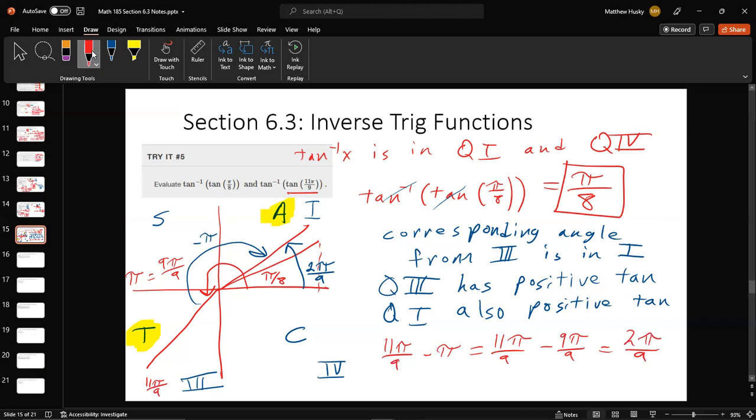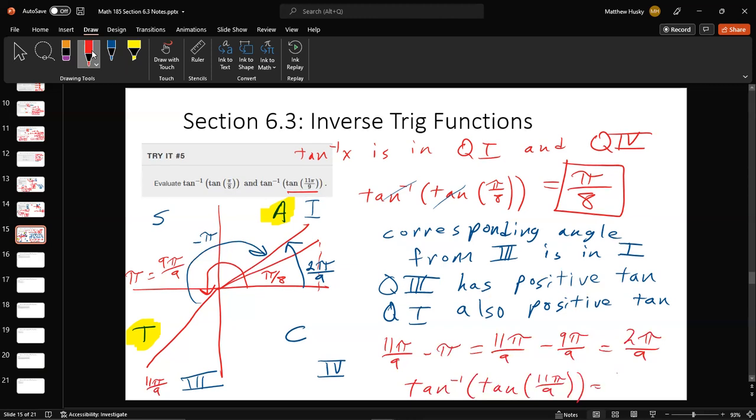So the answer to this one, tangent inverse of tangent of 11 pi over 9, equals 2 pi over 9. And that is the solution.